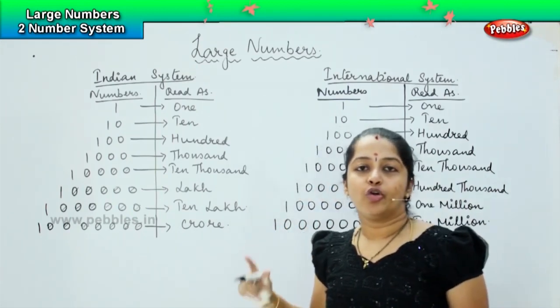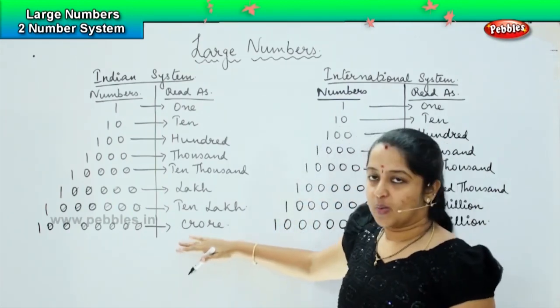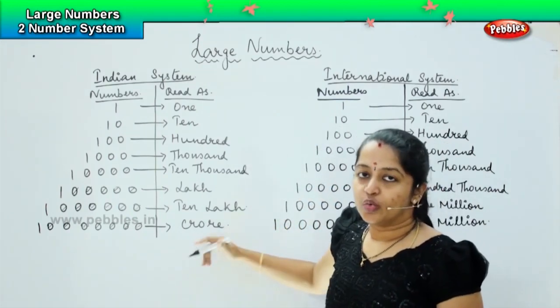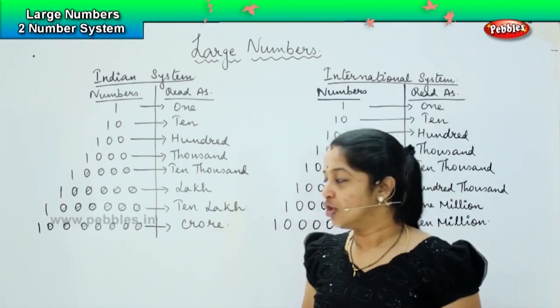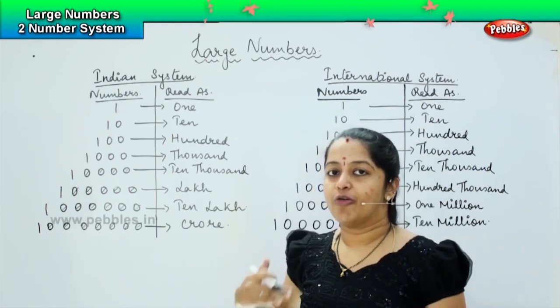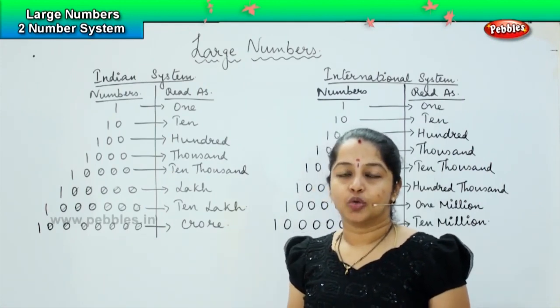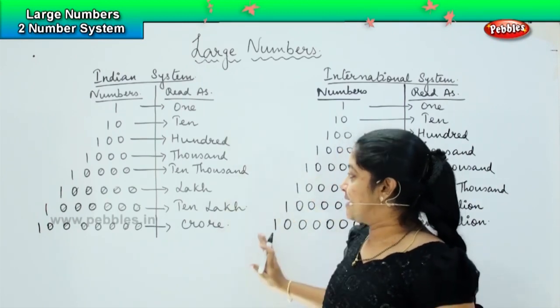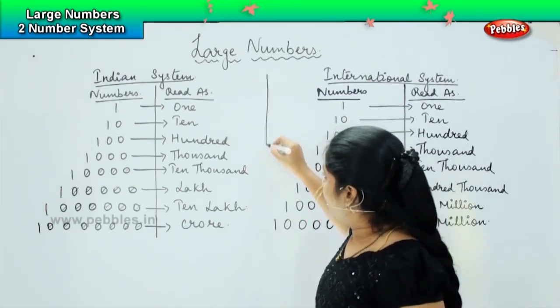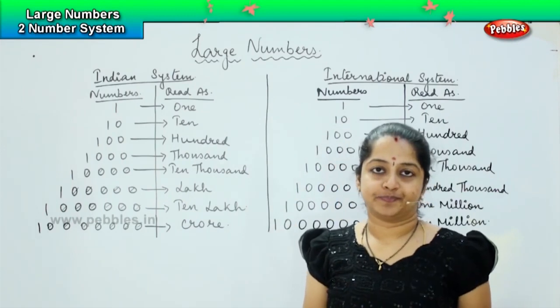So 1 followed by 7 zeros gives us a value 1 crore. You would have heard this term 1 crore, 1 lakh quite often, right? So you should know after 1 how many zeros come behind it to make that particular place value. Okay. So this is how we deal with the Indian system.